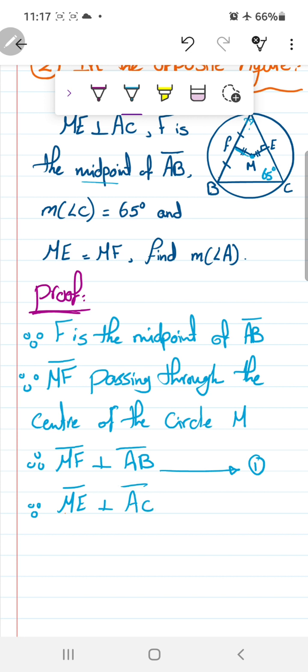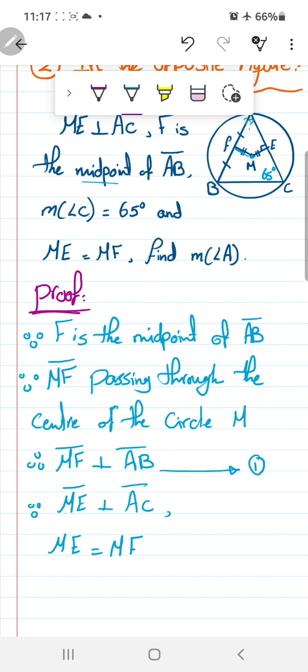And we have ME equals MF. So we have ME equals MF, and ME perpendicular to AC, MF perpendicular to AB.